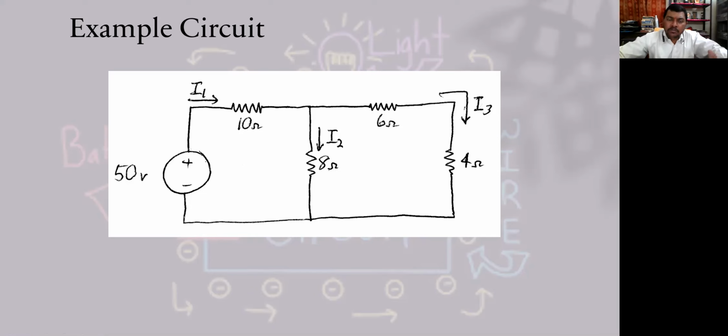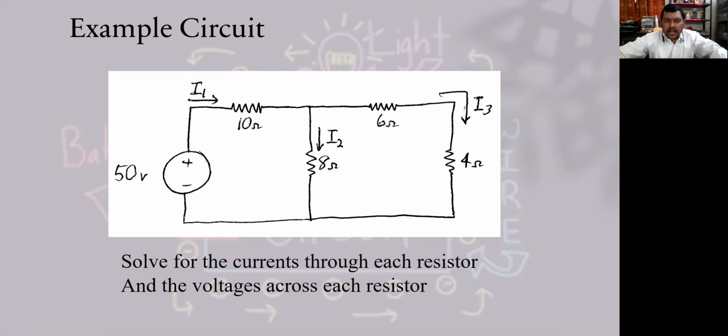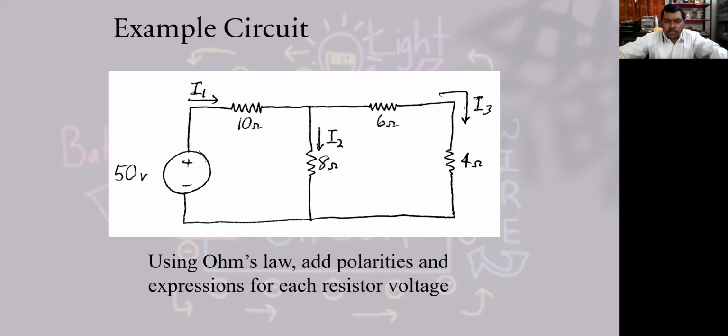So we need some more theorems for that, and for that we have network theorems. But first we'll try this by Kirchhoff's voltage law only, using Ohm's law with polarities. This is I1 into 10 ohms, which is one voltage.